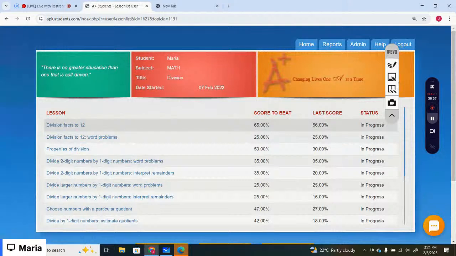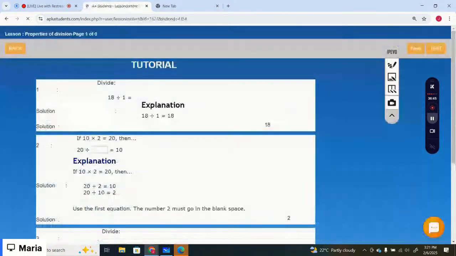The next lesson is properties of division. Let's just start with the lesson. 18 divided by 1. Whatever number you are dividing by 1, the answer is always the same number.